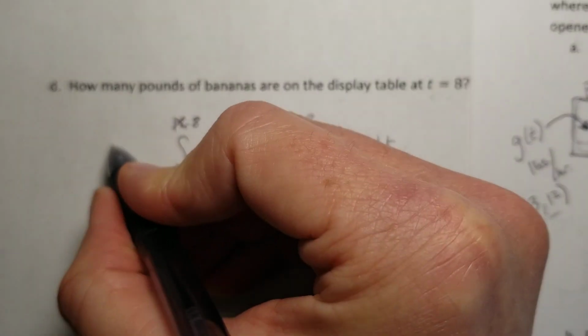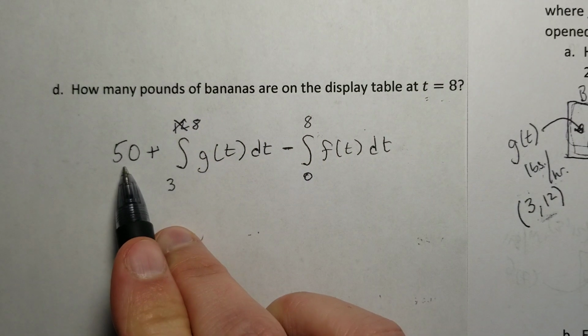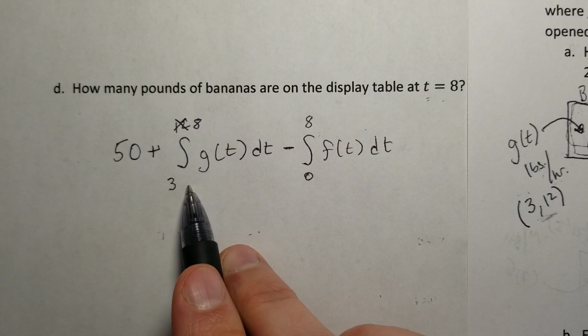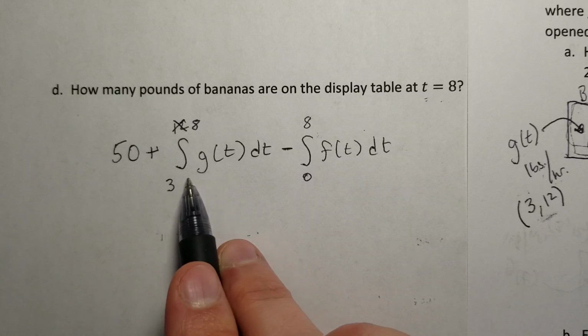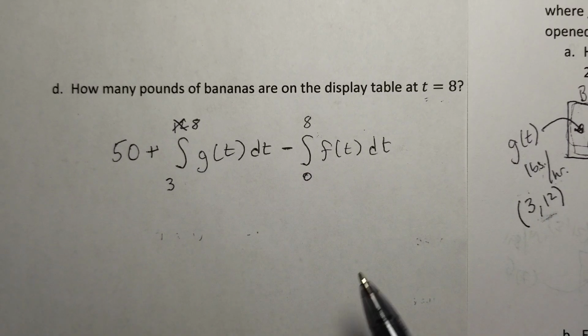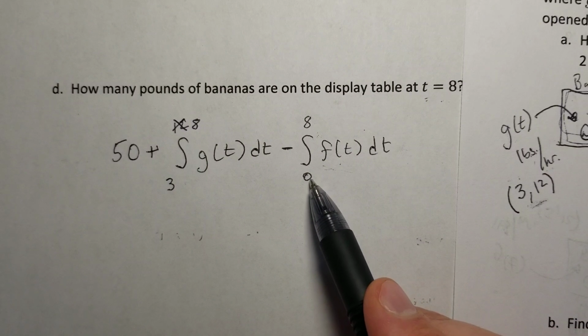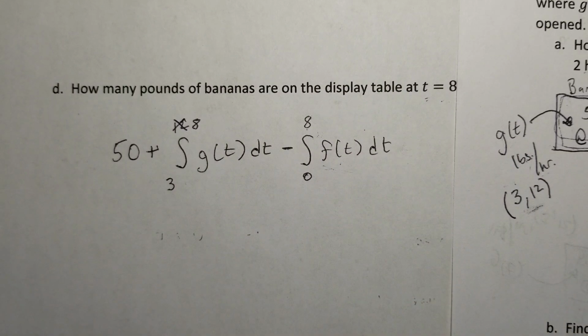So way out front here, we're going to start with 50 pounds of bananas, accumulate, because our stock person is putting bananas on from 3 to 8, and then we have customers removing, starting when the store opens at 0 to 8 as well.